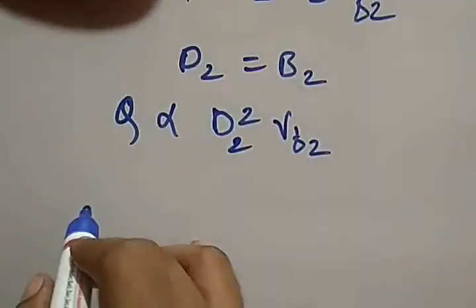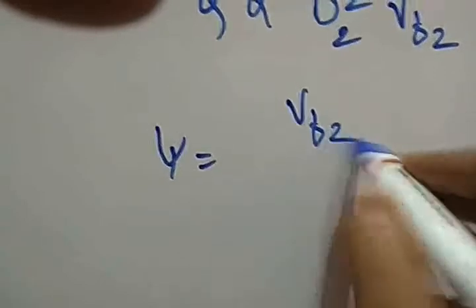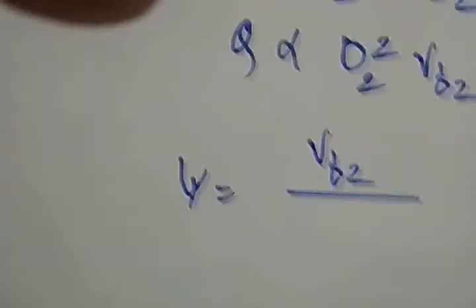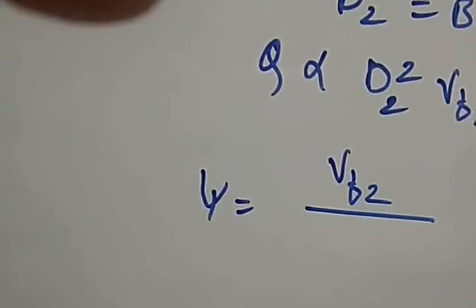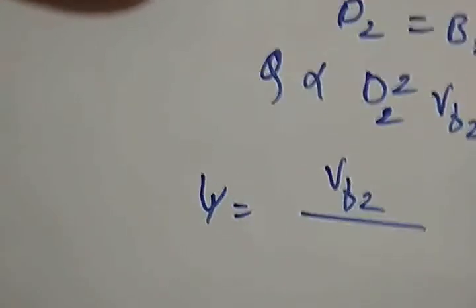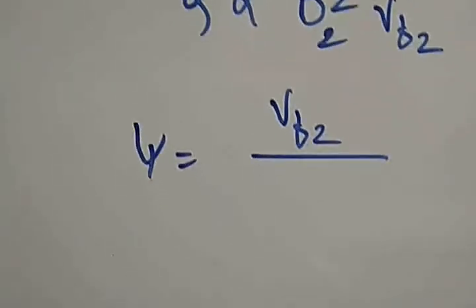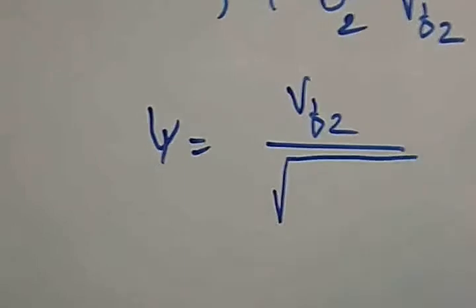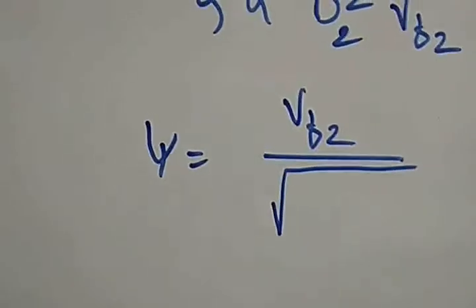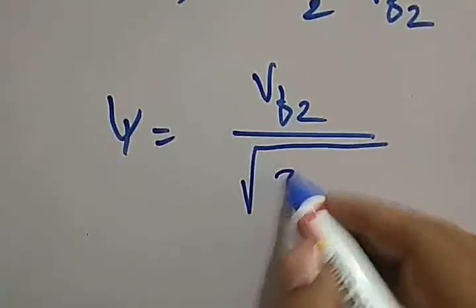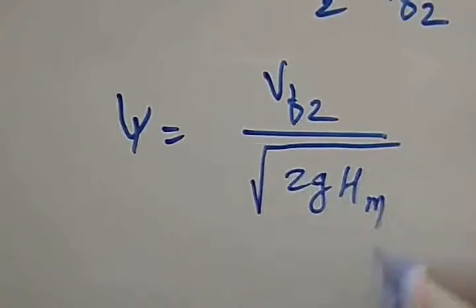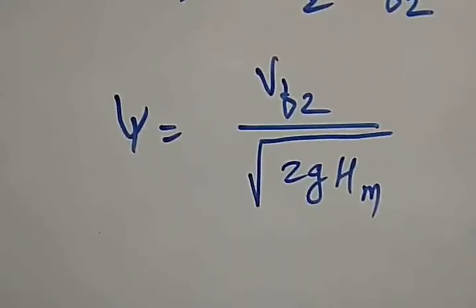Now Vf2, we know that psi is the flow ratio we just saw, defined as the velocity of flow at exit divided by the theoretical velocity of jet corresponding to manometric head, that is under root of 2ghm. So psi equals Vf2 upon under root of 2ghm.